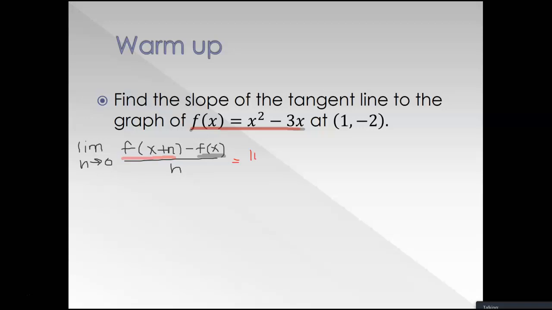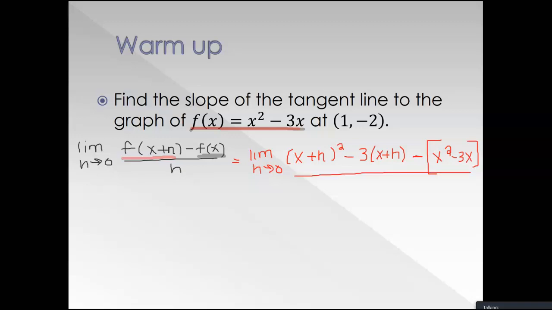So this becomes the limit as h approaches 0 of x plus h squared minus 3 times x plus h, minus the original f of x, which is x squared minus 3x. And you're subtracting that whole function, which is why I bracket it, all over h.